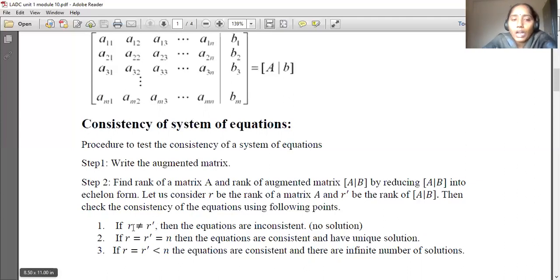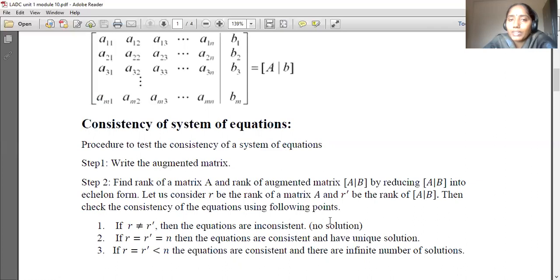Here R is not equal to R dash. R is not equal to R dash means rank of A is not equal to rank of AB. That means it has no solution. Here each equation represents a plane. Those planes are not intersecting at a point.